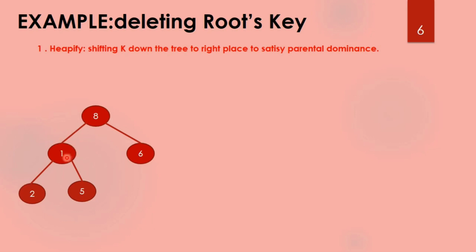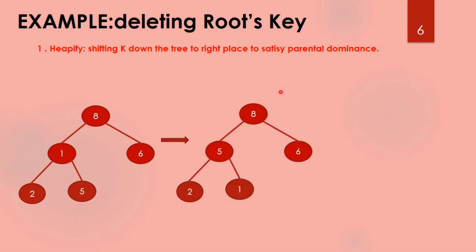Now what is next? Again we need to check whether 1 is satisfying the parental dominance or not. So 1 here is not satisfying the parental dominance property. So we need to check among the larger children. The larger child is 5. 5 has to be swapped with 1 now. So we get this as the final tree, because there is no more going down.